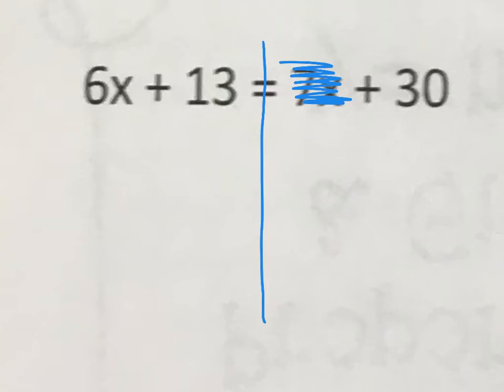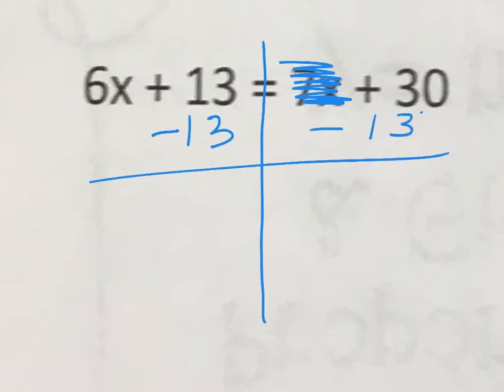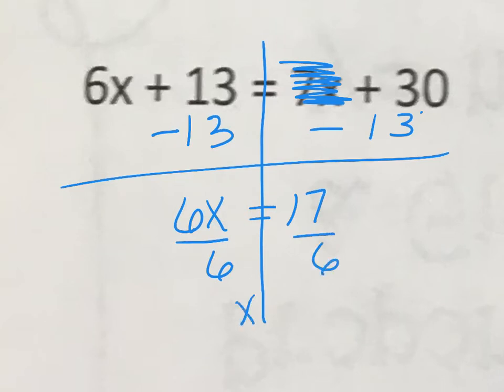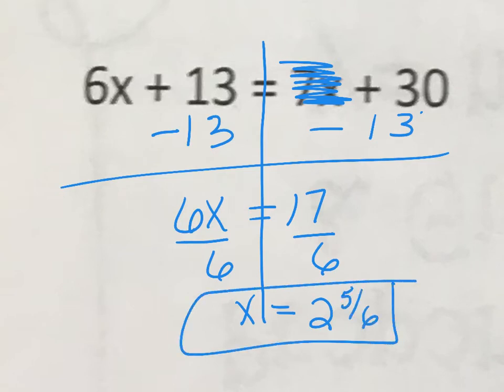Okay, so we're solving for x. So I need to move like terms to like terms. So I'm going to move the 13 to the 30. And we're going to get 6x equals 17. We're going to divide by 6. And it's not going to come out even. We're going to get in there twice with 5, 6 left over.